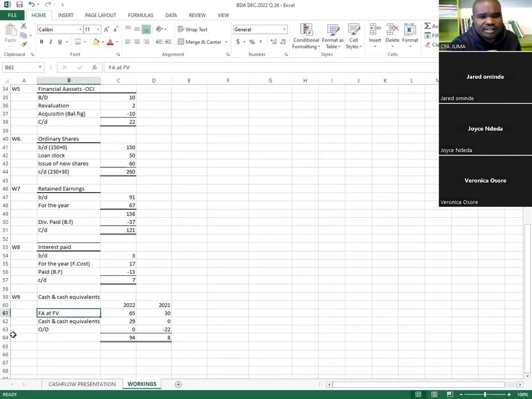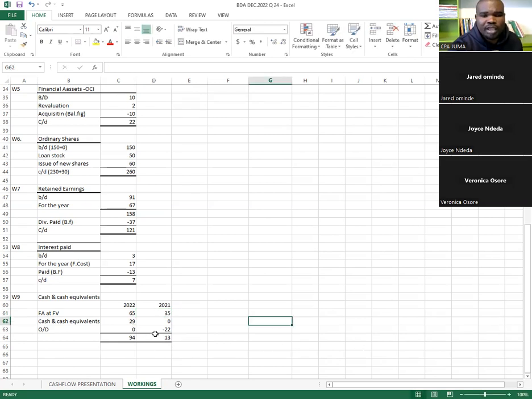So financial assets at fair value, where's the beginning? Under current assets, the beginning was 30. Then there is a gain. But now the gain, we should talk on the opening balance. So we should take 30 plus the 5, which is the gain. I can just fix it here. It is true.